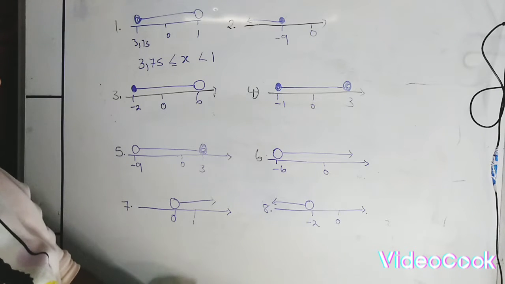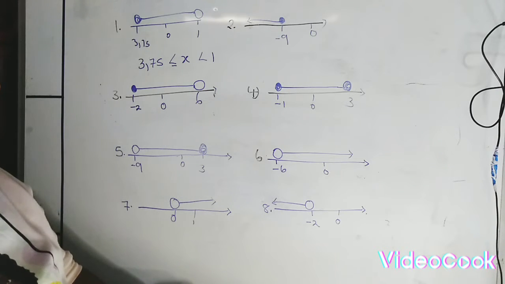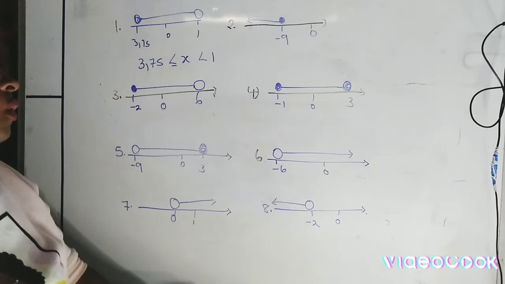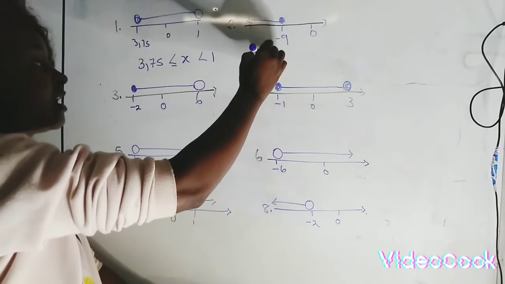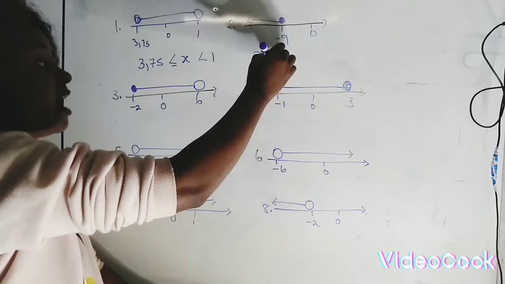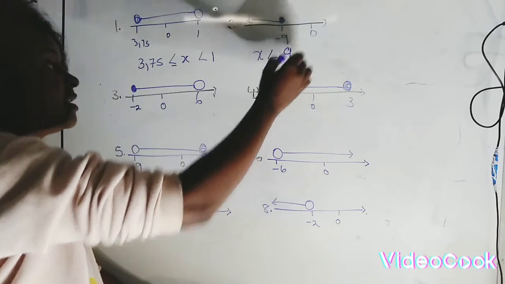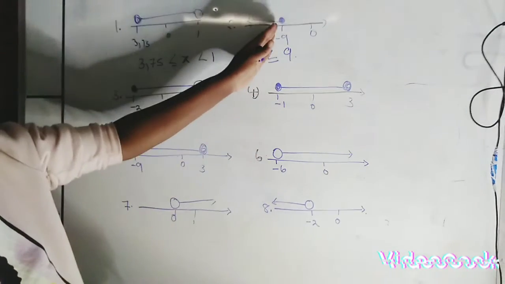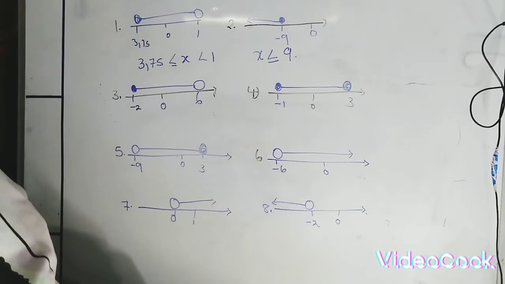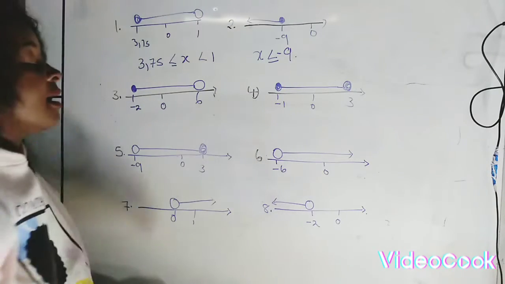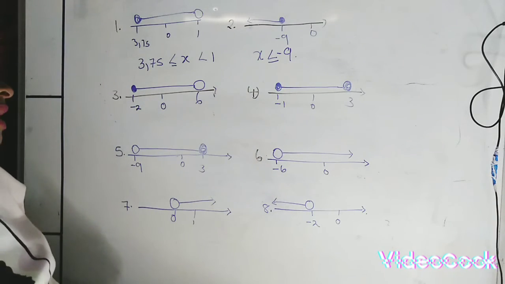As for our second inequality, our x values there, they are all less than or equal to -9. So the x values, they are less than or equal to -9. So all the numbers that are less than -9 are our x values, right?